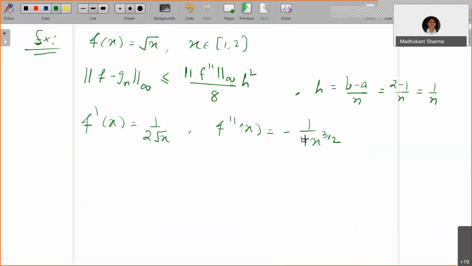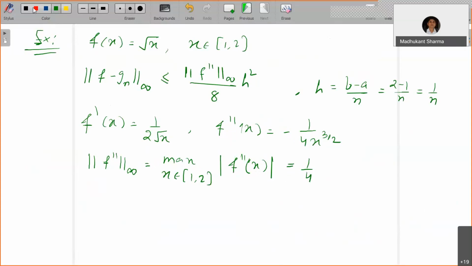Now you are talking about x belonging to [1, 2], and in this interval 1 by x to the power 3 by 2 is a decreasing function, so the maximum occurs at the left end point. In the absolute sense, the infinity norm of f double dash is the maximum over x in [1, 2] of the modulus of f double dash of x. The magnitude is 1 by 4 x to the power 3 by 2, and at x equals 1 that gives the maximum, which is 1 by 4.